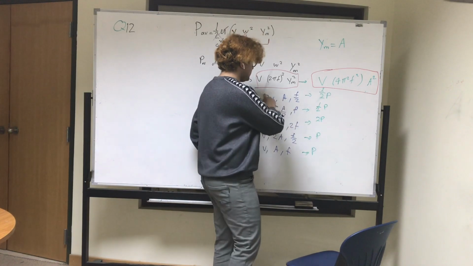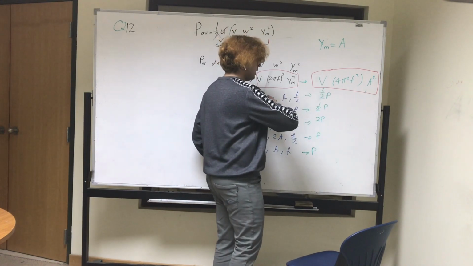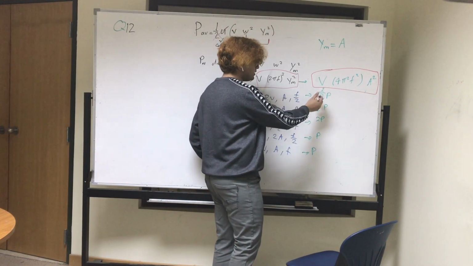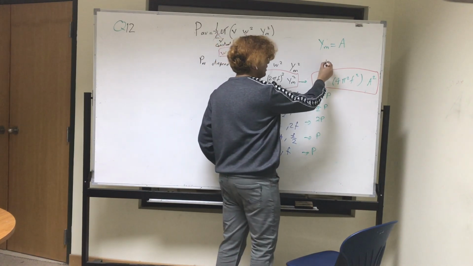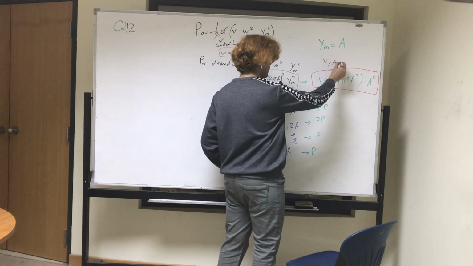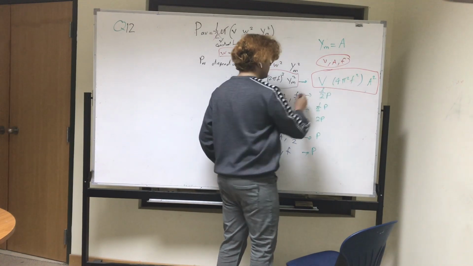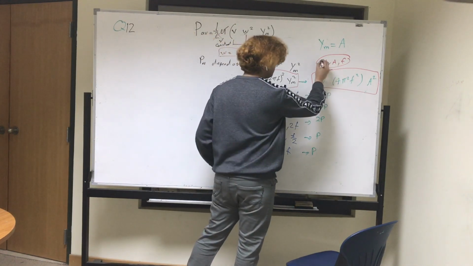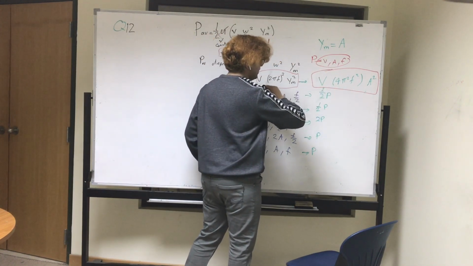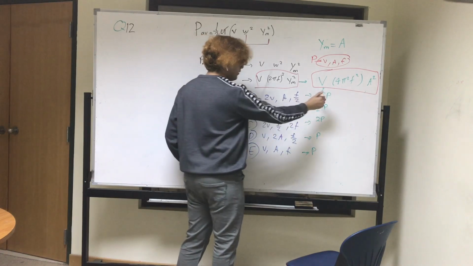If you plug these values into this equation, we're going to get 1/2 of the power as if we had the variables v, A, f without any factors of 1/2 or factors of 2. So here is equal to P, okay? But if we add these factors, we're going to have 1/2 the power.